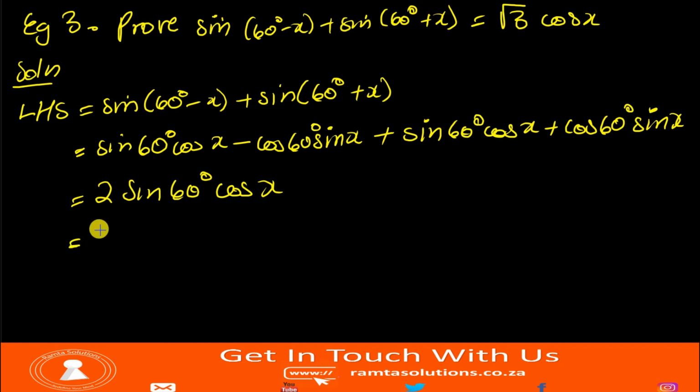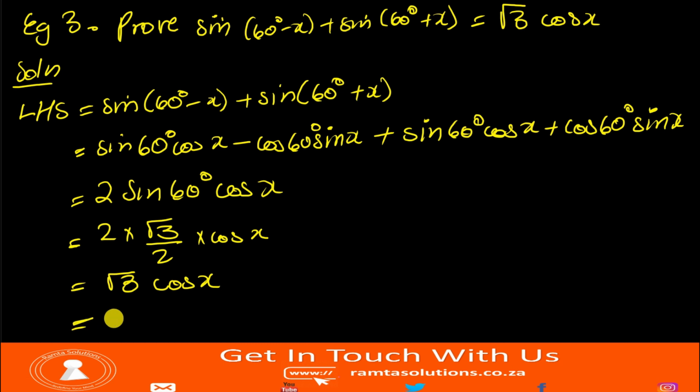Now, what we know, sine 60 degrees is square root of 3 over 2, of course, multiplied by cos x here. Now the 2's are cancelling. We are left with square root of 3 cos x, which is equal to the right-hand side.